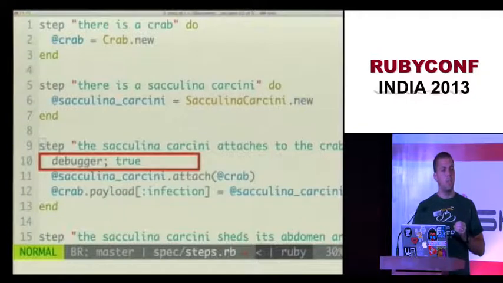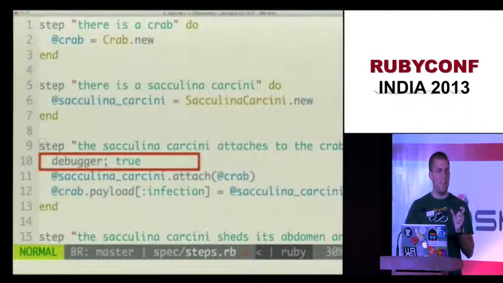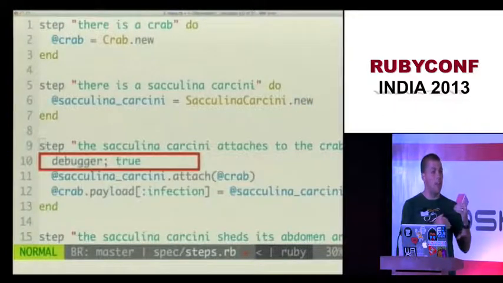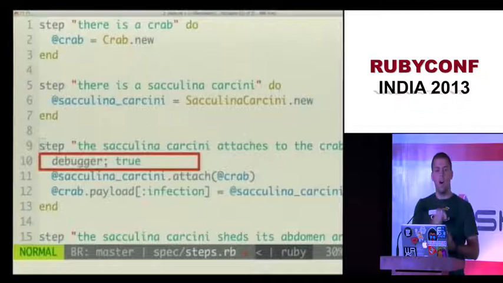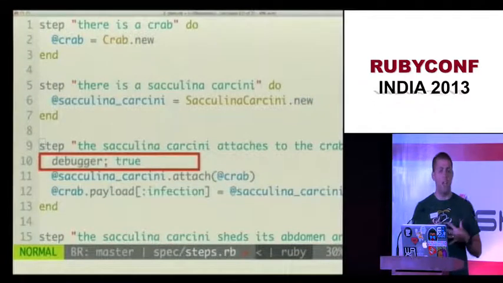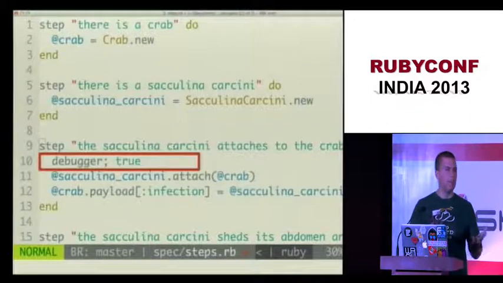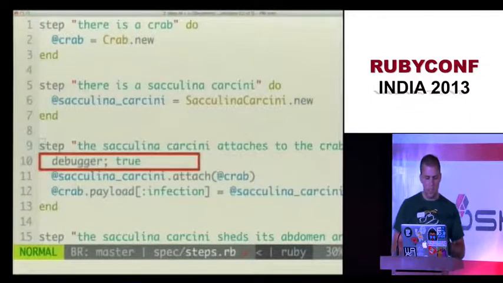If we do not have this true statement here, and the debugger method call is the last statement in another method, the debugger will actually pause us and stop the application outside of the context of that stack frame. So it's important that I add true as a default when I'm using this particular library, and that's how I use it, and that's how we explain it. But it's a little strange.